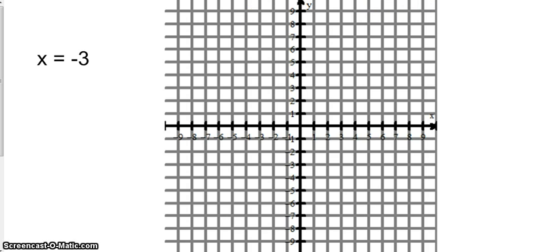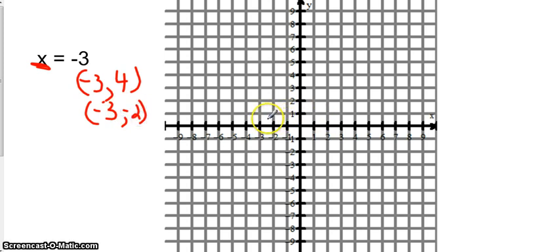Let's look at another one. Okay, when I look at this example, it's different from our previous example. In this one we have x. So I'm going to do exactly the same thing I did in the previous example, except this time my x is going to be -3, and we don't care what the y coordinate is. I'm going to plot 2 points because remember, from geometry, I only need 2 points to make a line.